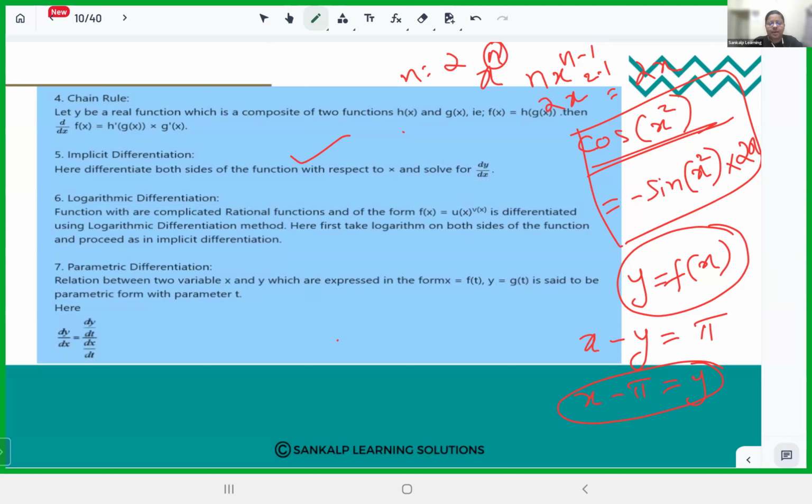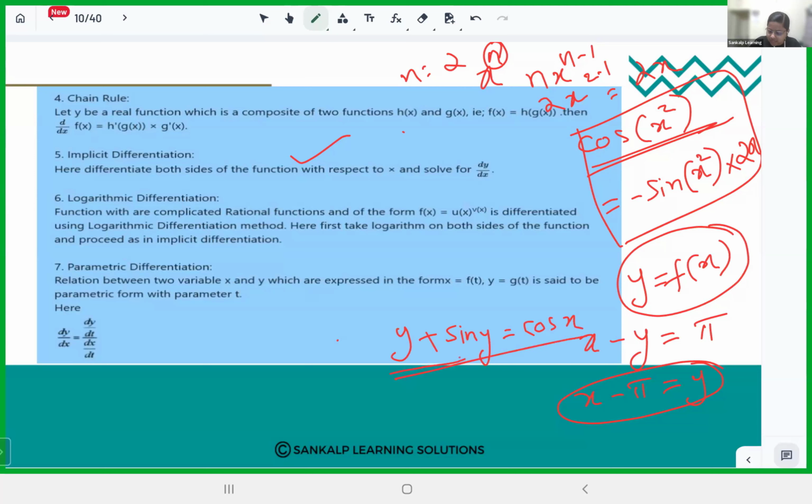But what do you mean by an implicit function? Implicit functions are those we cannot represent as y equal to f of x. It will be a mix of x and y. For example, if I write y plus sin y equal to cos x, can you write y equal to some function of x?